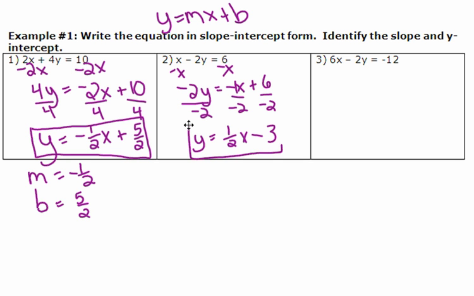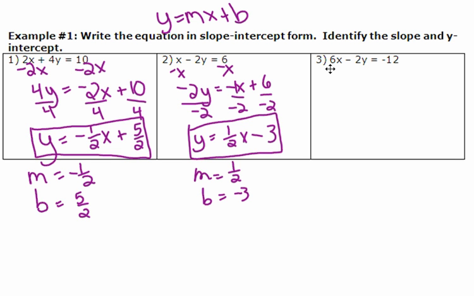This is my equation in slope-intercept form. Now identifying the slope and the y-intercept, my slope is 1/2. It's the number in front of the x. My y-intercept is negative 3, since there's a minus sign.